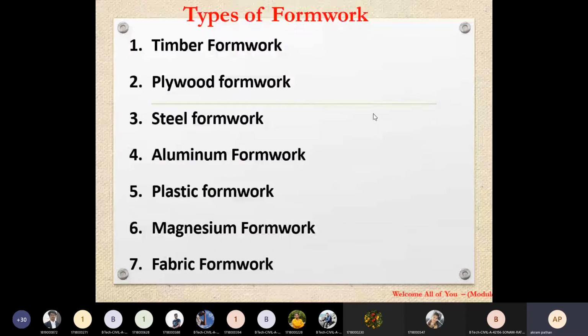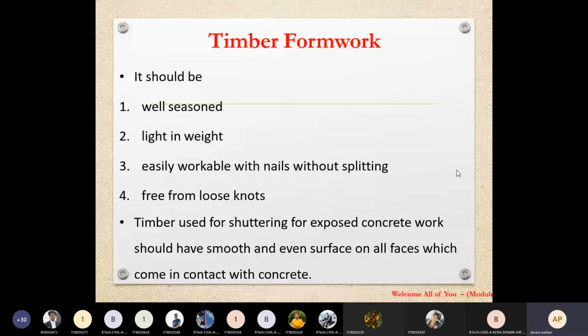We are here discussing the types of formwork. We discussed in the last lectures the timber formwork. So these are the various requirements for the timber formwork. It should be well seasoned, light in weight, easily workable with nails without splitting, and it should be free from loose knots.